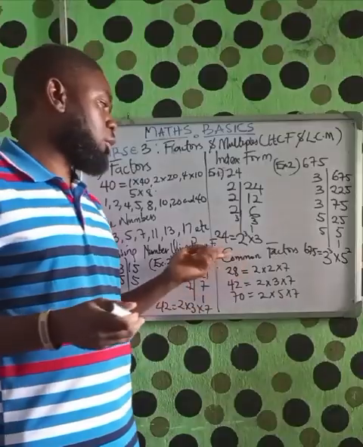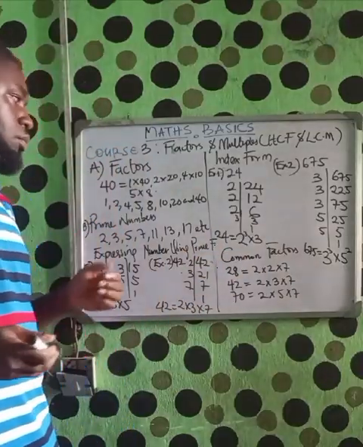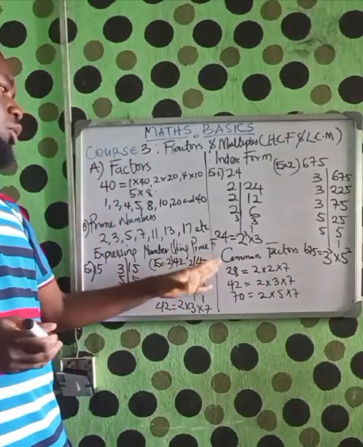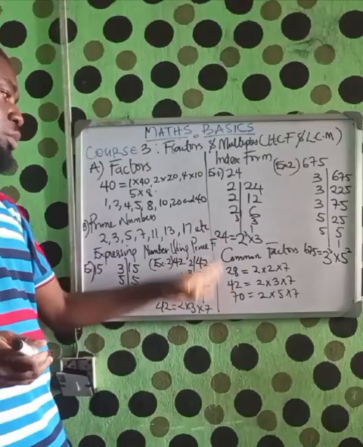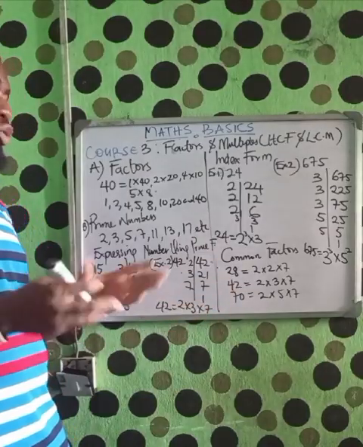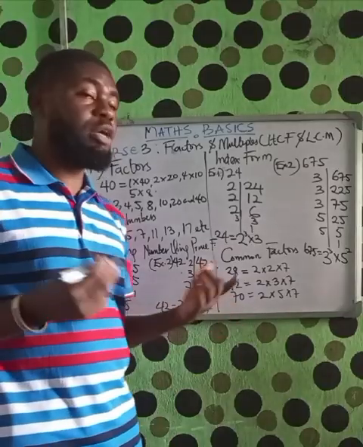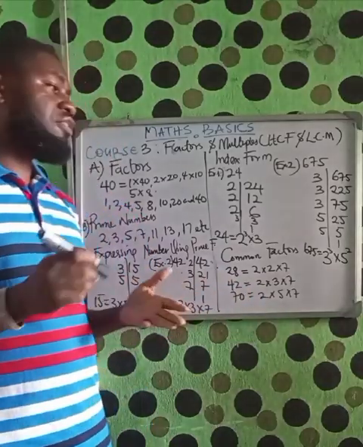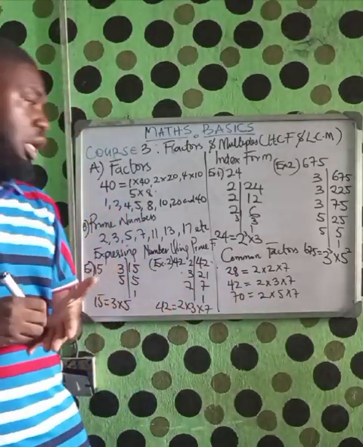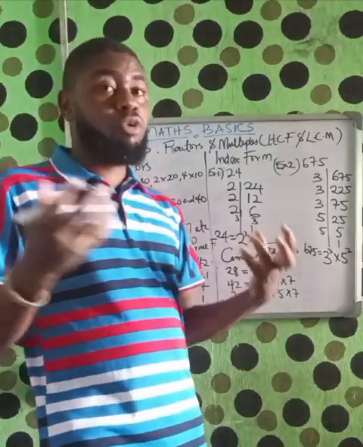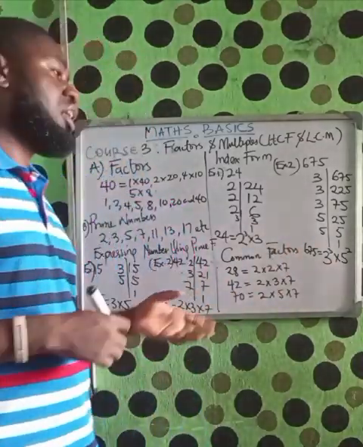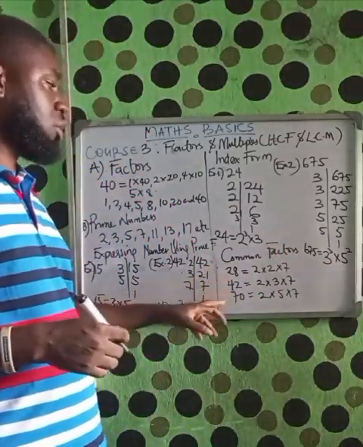Now, next up, we'll talk about common factors. When you have as many numbers as possible, you're going to have common factors relating to each other. For example, we have 28, 42, and 70. They're asking us what are the common factors. Factors that are in 28, that are also in 42, that are also in 70, are referred to as common factors. These are numbers that can divide these three numbers simultaneously.